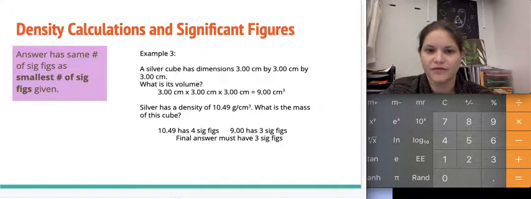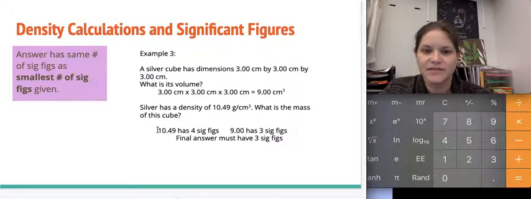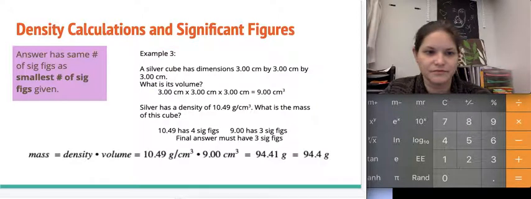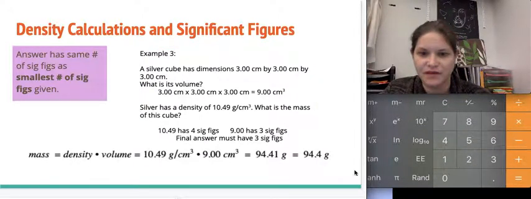So first, we know 10.49 has 4 sig figs. 9.00 has 3 sig figs. Our final answer must have 3 sig figs because that's the smaller number. And now for our calculation, mass is density times volume.